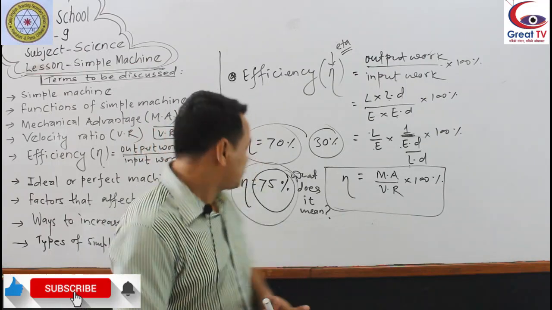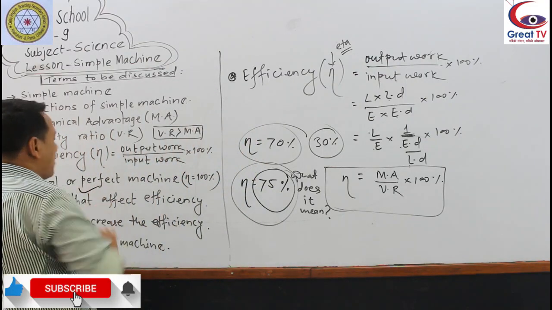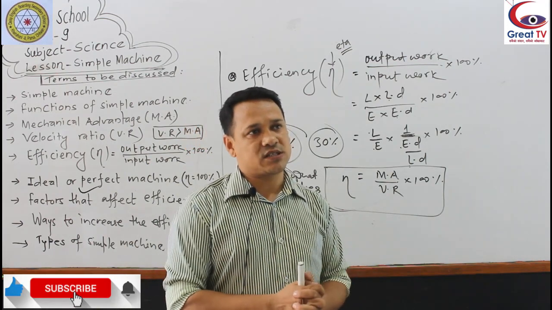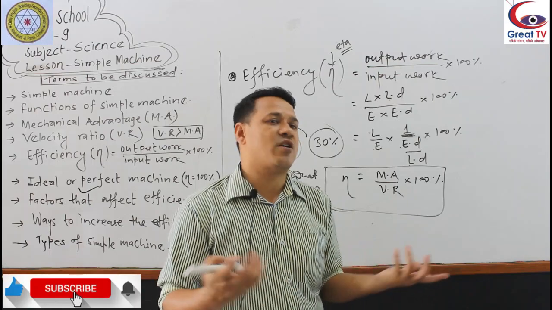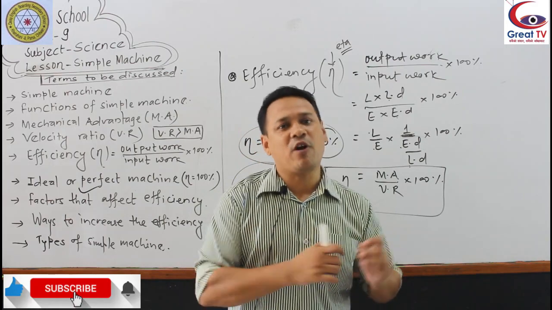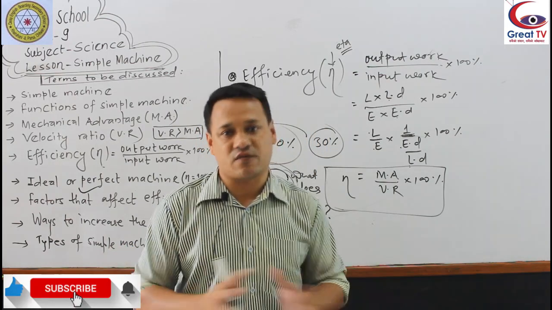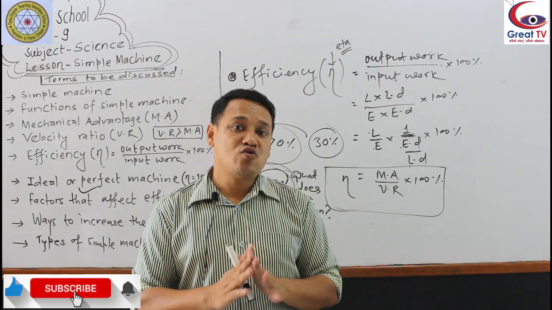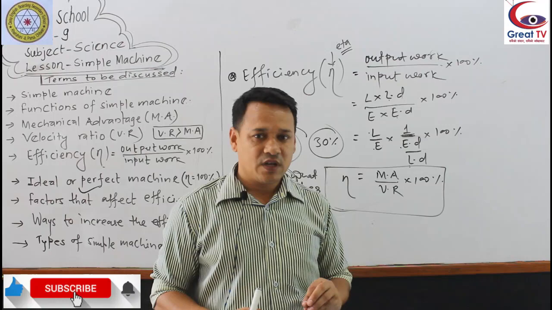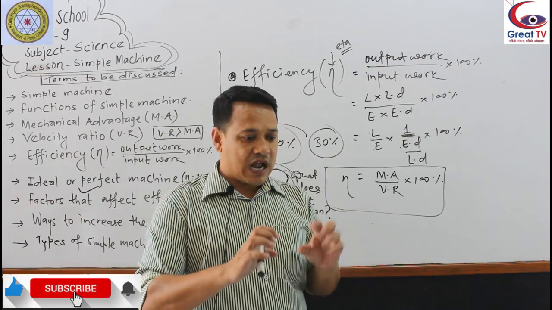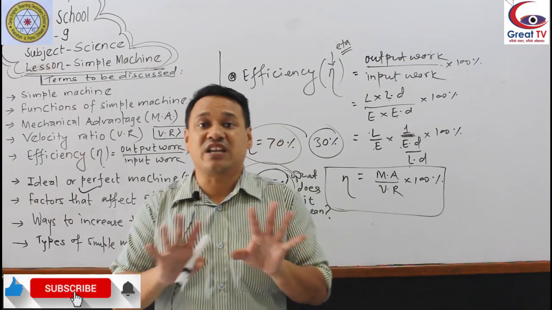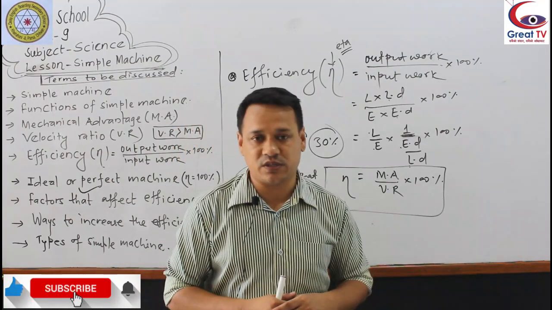Ideal machine or perfect machine. Sometimes we are asked to name the machine which is 100% efficient. So, ideal machine or perfect machine. Perfect means no loss of energy. If a machine has output work and input work equal, then we say it is 100% efficient.